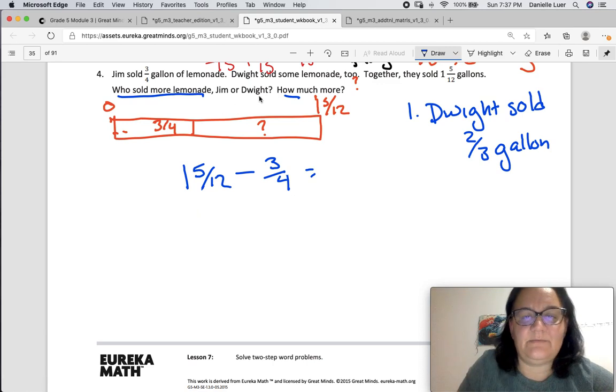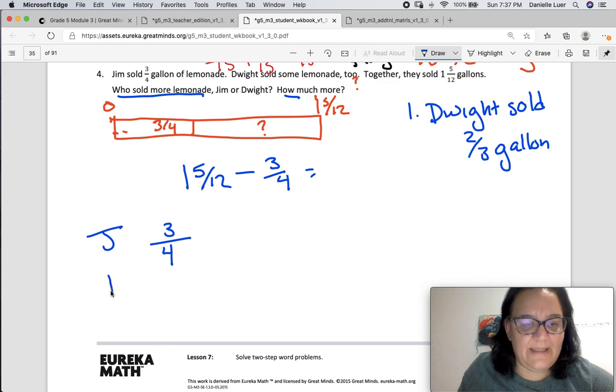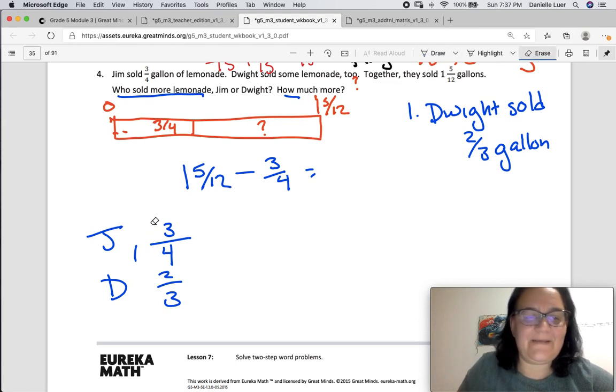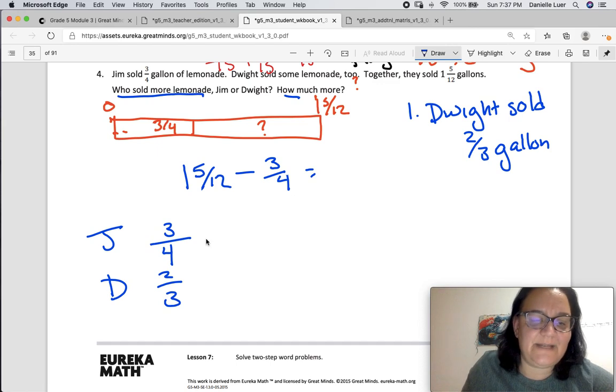So my second problem is who sold more, Jim or Dwight? 3/4 is what Jim sold, and Dwight sold 2/3. So in order to do this, I'm going to need to convert them into the same denominator. I can't compare them until I have a common denominator, right?